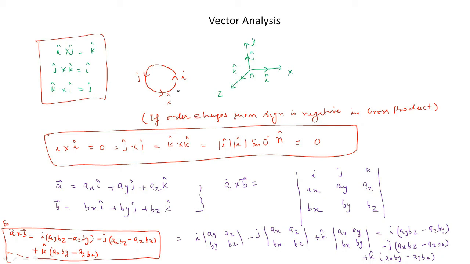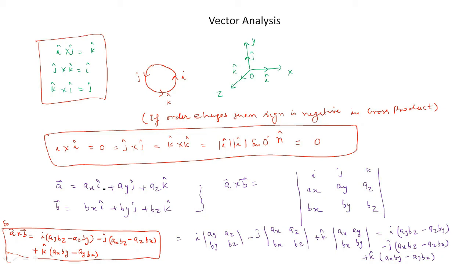You can understand it by taking a circle. i, j, k are in anti-clockwise direction. So if the order of the two vectors is changed, then their cross product will give you a minus quantity, or that will be equal to the third quantity.